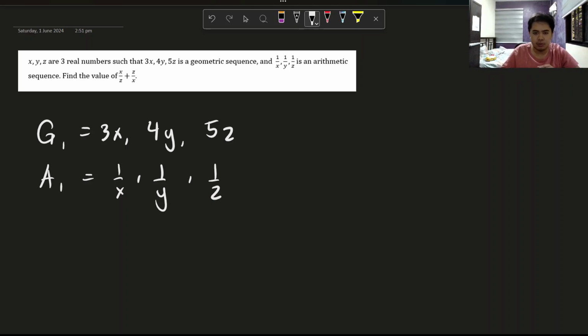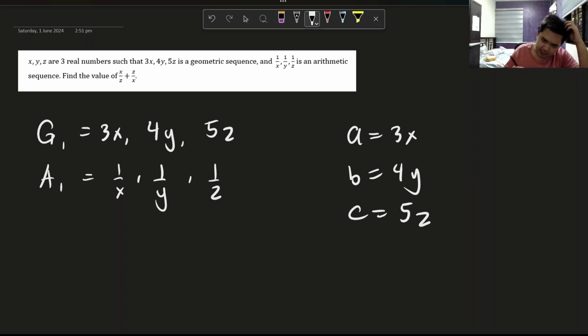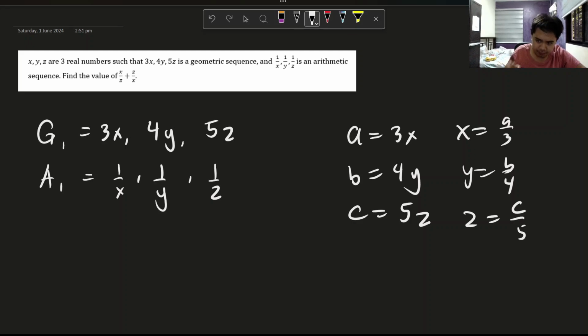My solution was to replace the 3x, 4y, and 5z with other symbols. So, for example, A equals 3x, B equals 4y, and C equals 5z. From this we know x equals A over 3, y equals B over 4, and z equals C over 5.